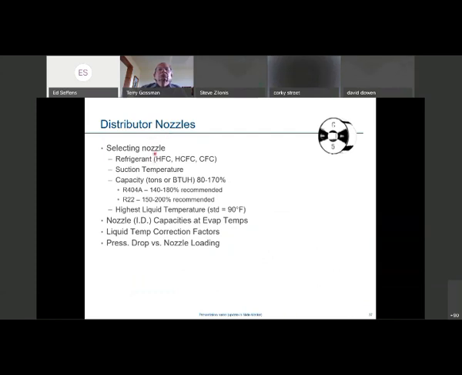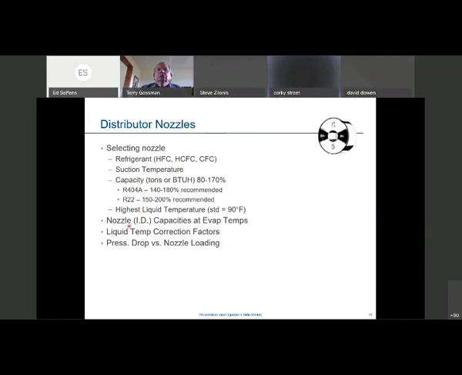So sizing and selecting nozzles, again, we need to know the refrigerant, the suction temperature. It's almost like a common theme for sizing expansion valves and all this. These are pretty much all the criteria that's required for sizing and selecting all the components.